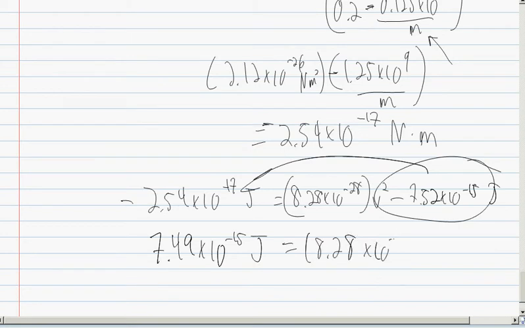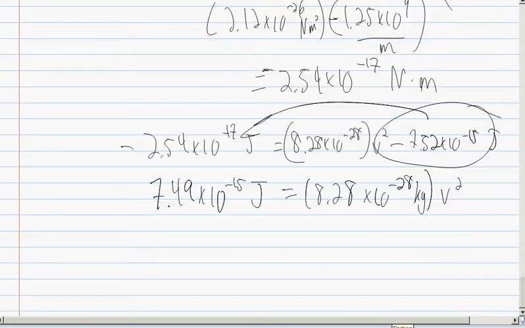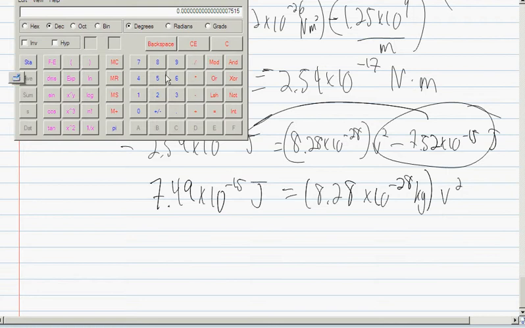8.28 times 10 to the negative 28 kilograms V squared. Well, we're going to have 7.49 e to the negative 15th divided by 8.28 e to the negative 28th equals that.